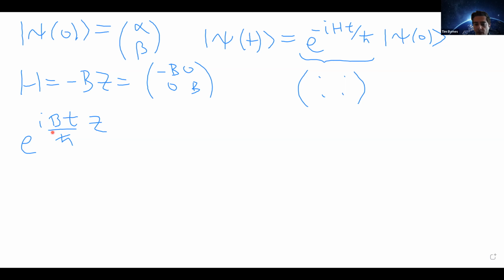So I'm just going to call all this constant stuff tau, where I define tau to be equal to just this bunch of constants, so I don't have to keep writing it all the time. So it's going to be e to the i tau Z.